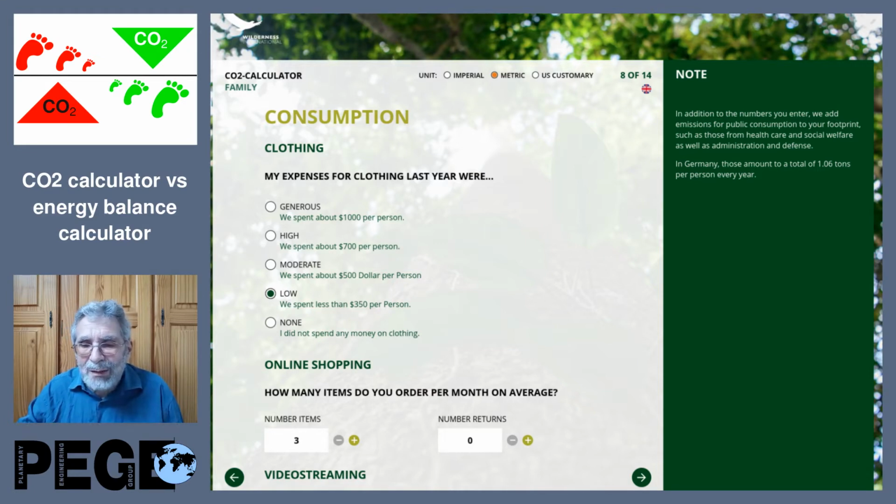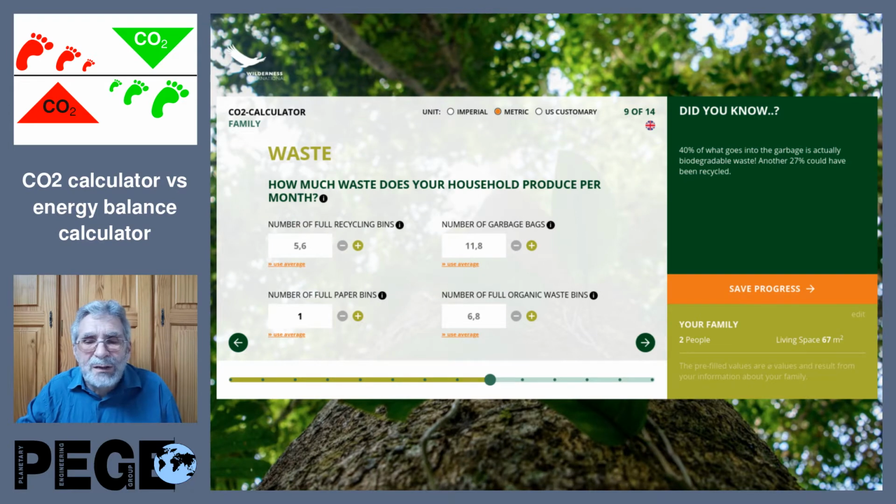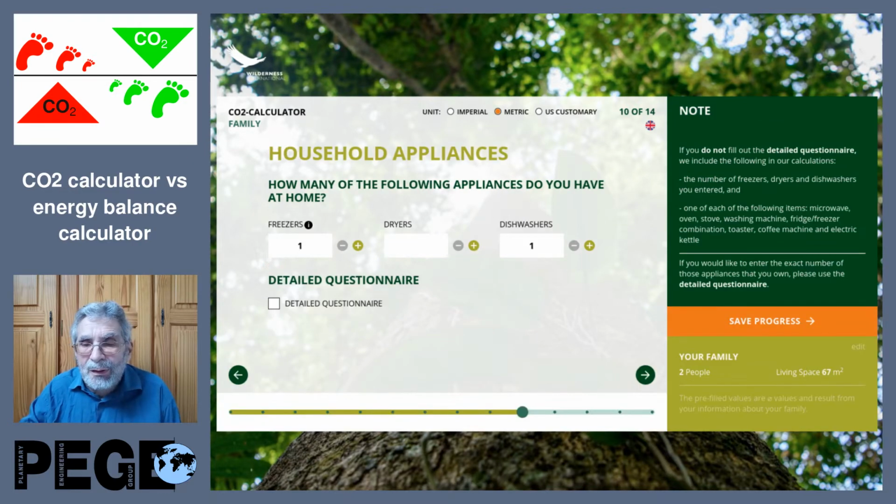How many items do you order per month on average? Or maybe this was only for clothes, but I entered 3, because I order electrical parts and cables and so on by internet. Next is waste. Here I reduced only the paper waste to 1 bag, because we have nothing paper here in the house.